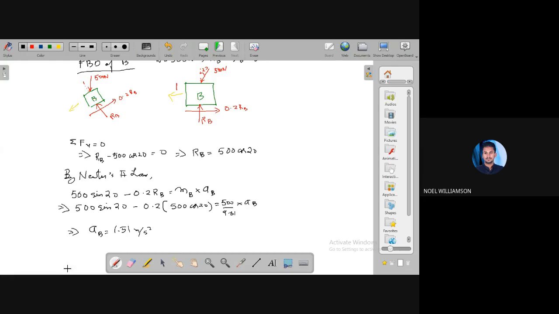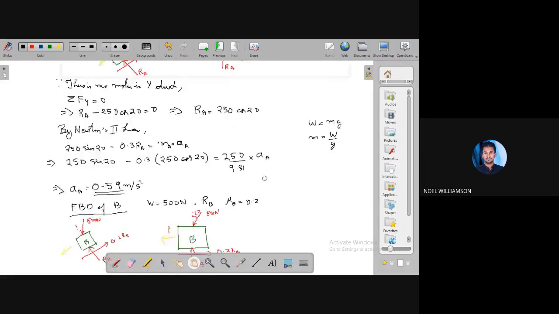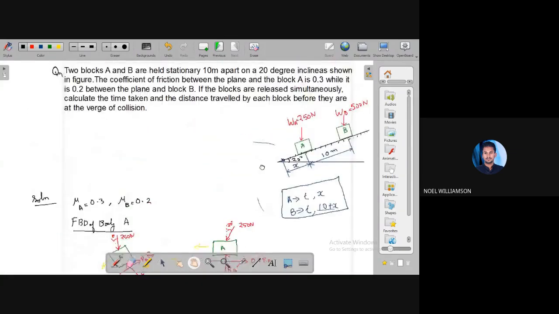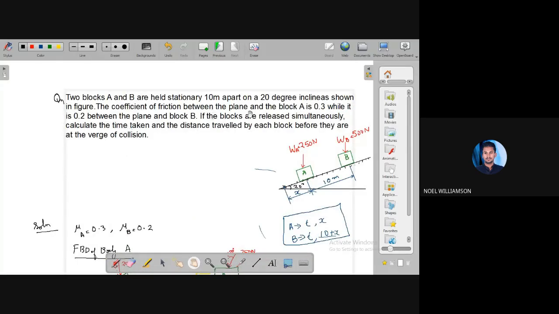Now, what is asked in the question? If the blocks are released simultaneously, calculate the time taken and distance traveled by each block before they are on the verge of collision.